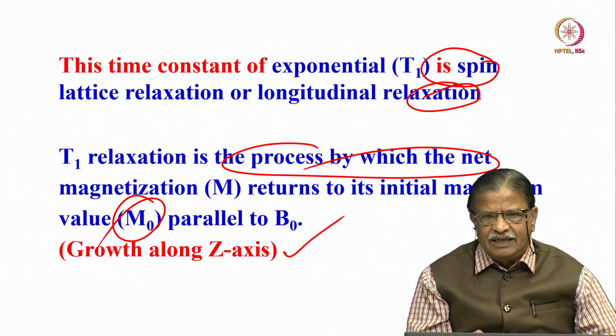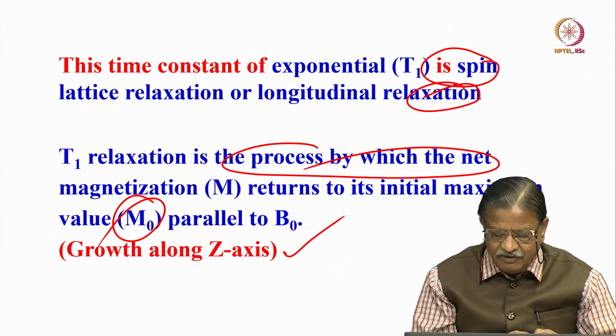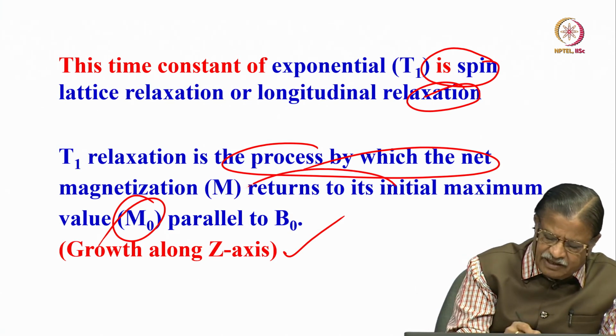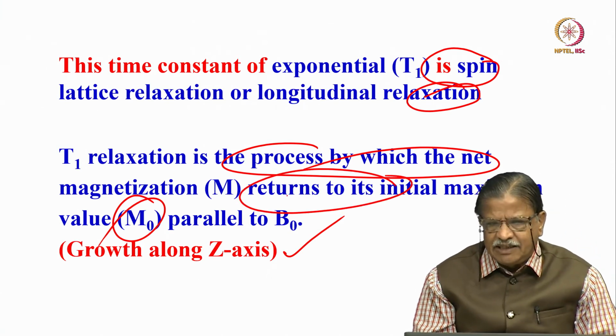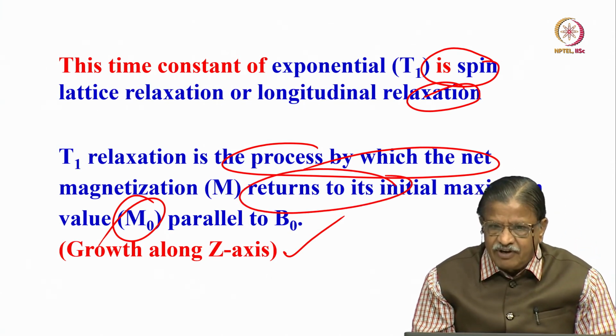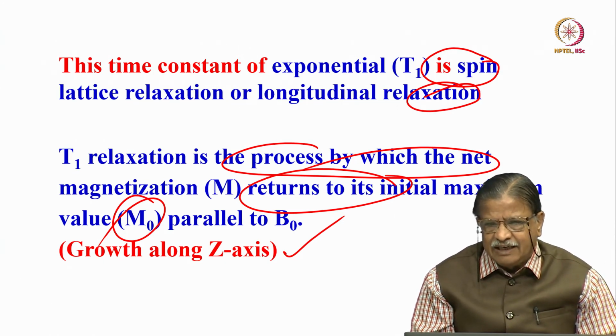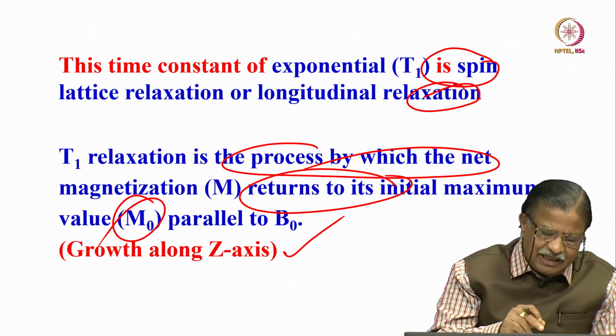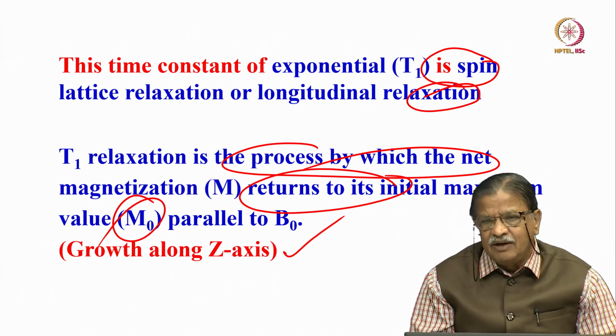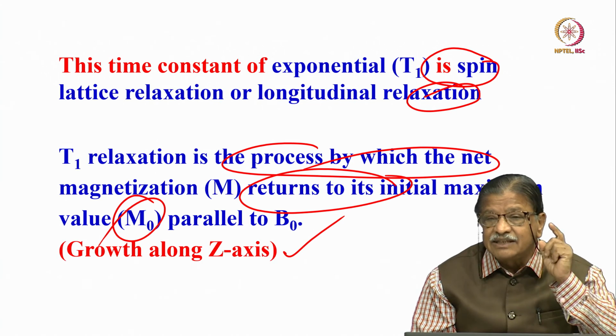Okay, and this is the T1 relaxation process, which causes the net magnetization to return to initial maximum value, and this phenomenon is called spin lattice relaxation, and the time required for the spin to attain this thermal equilibrium is called spin lattice relaxation time.